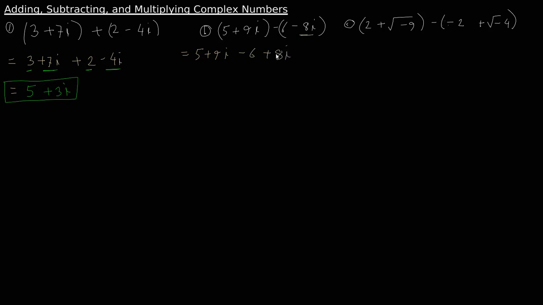Now again we are going to add real with real. So 5 minus 6 will be negative 1, and then imaginary, positive 9i plus positive 8i is going to be positive 17i. That is our answer for the second one.